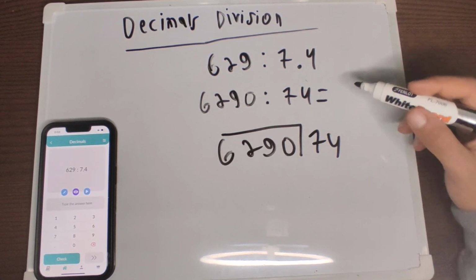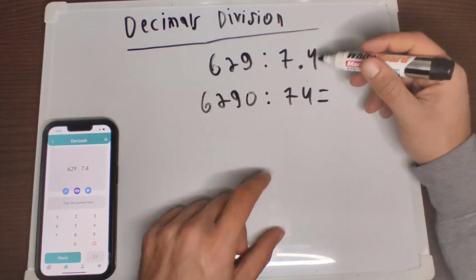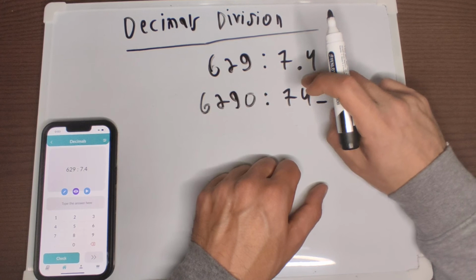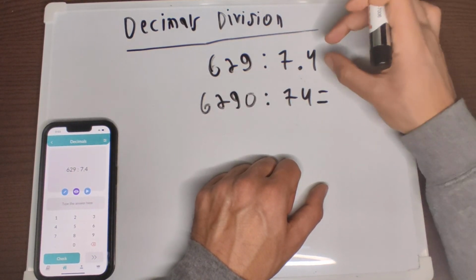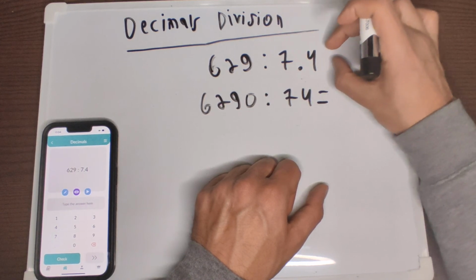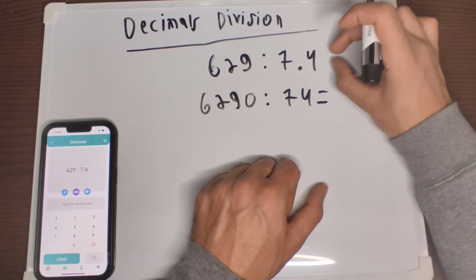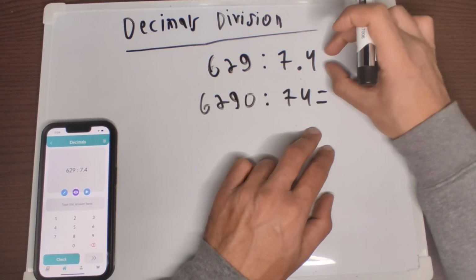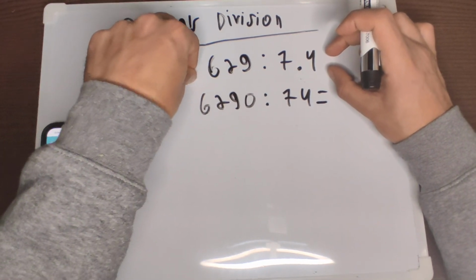The result doesn't matter right here. I just want to focus on the fact that when you want to delete the decimal point, you cannot do it only on one number. When only this number has a decimal point, to remove it, we will multiply this number by 10 and also this number by 10.